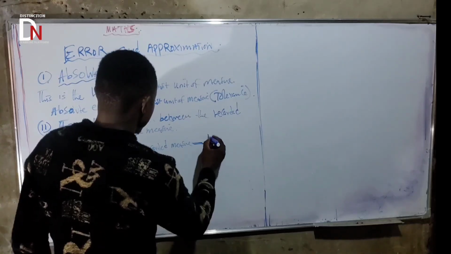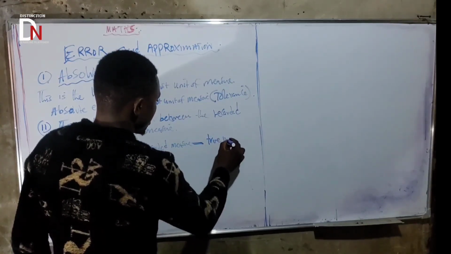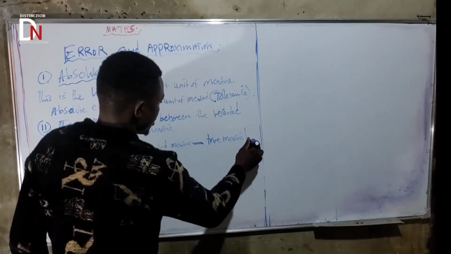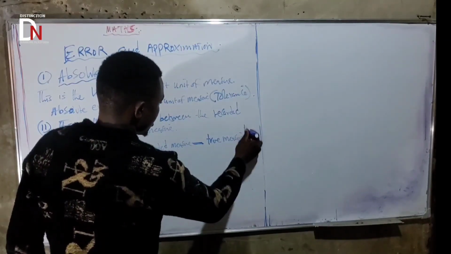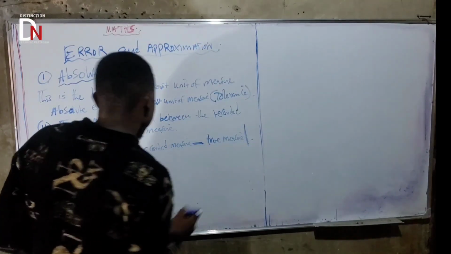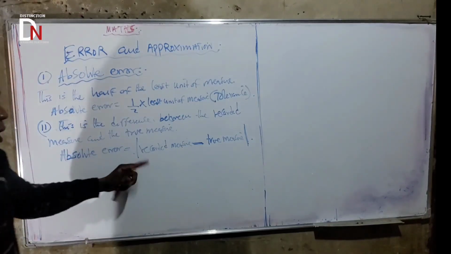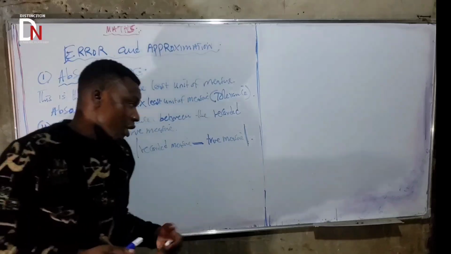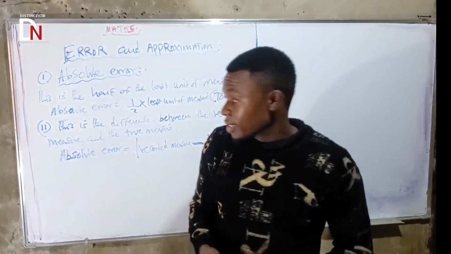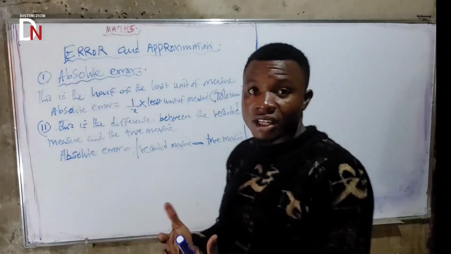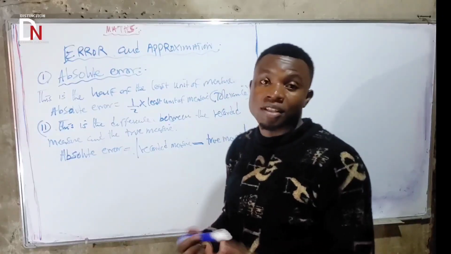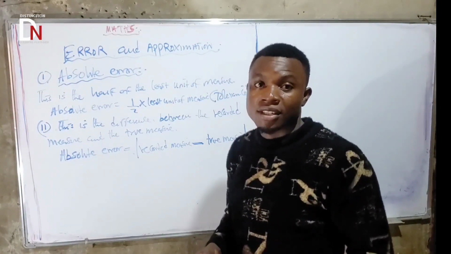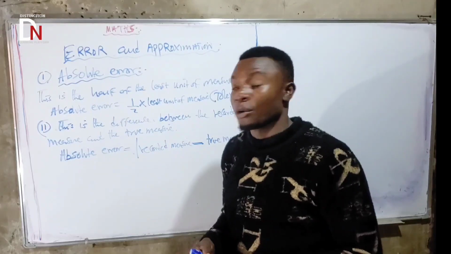Why are we putting the modulus bars? When you are measuring distance, distance is a scalar, and it can never be negative.